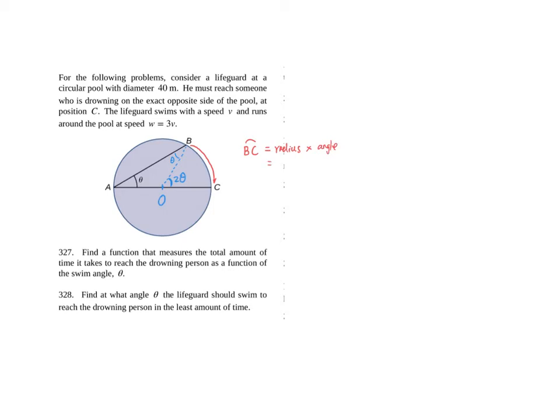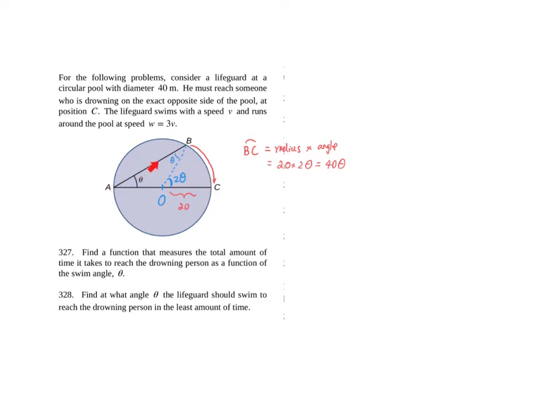In this case, because we do know the diameter is 40 meters, the radius is just 20, so 20 times the angle, which is 2 theta, which is 40 theta. So that's hint number 1. With the distance here, you would be able to find the time it needs from B to C.